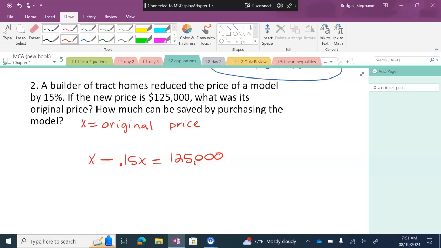What is 1 minus 0.15? 0.85. Mm-hmm. And then what are we going to do? Divide.